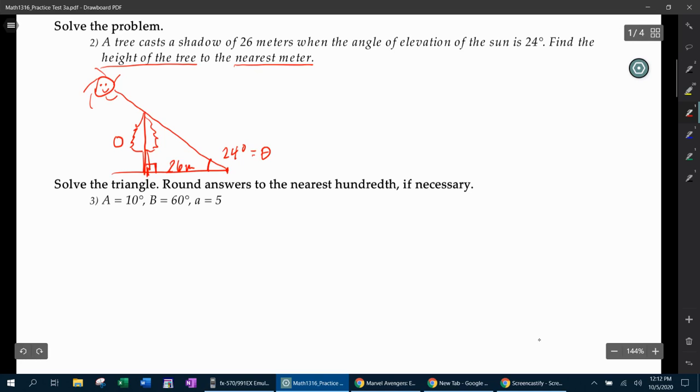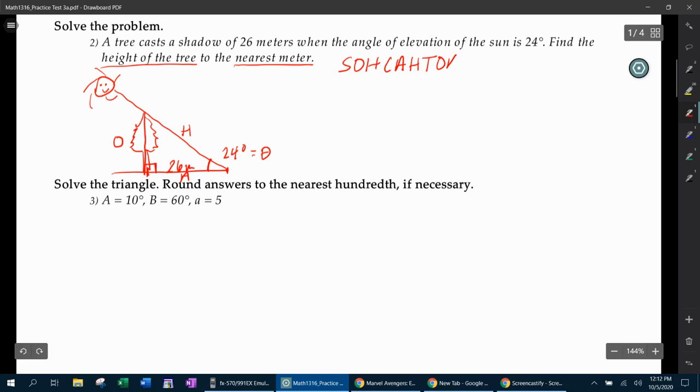And since the tree is perpendicular, this would be the hypotenuse. And that makes the 26 the adjacent side. So in order to find the height of the tree, which is the opposite, I'm going to have to figure out which trig function to use.